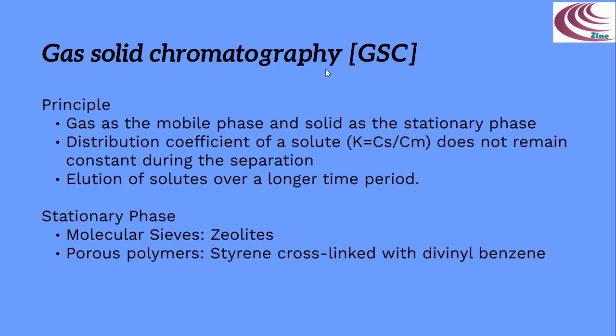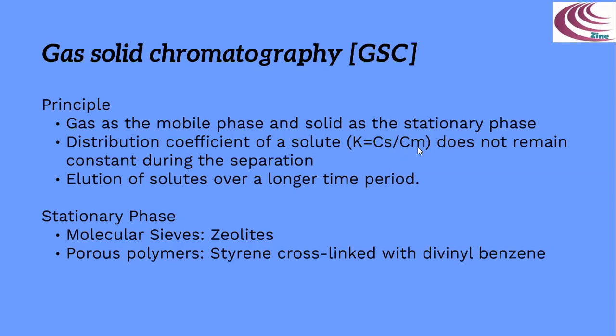That is, the distribution coefficient of solute, K, equal to concentration of solute in the stationary phase to concentration of solute in the mobile phase, doesn't remain constant during the separation. Since all the chromatographic equations are derived on the assumption that the ratio of Cs by Cm remains constant throughout the separation, it is difficult to apply the general principles of chromatography to gas solid chromatography.